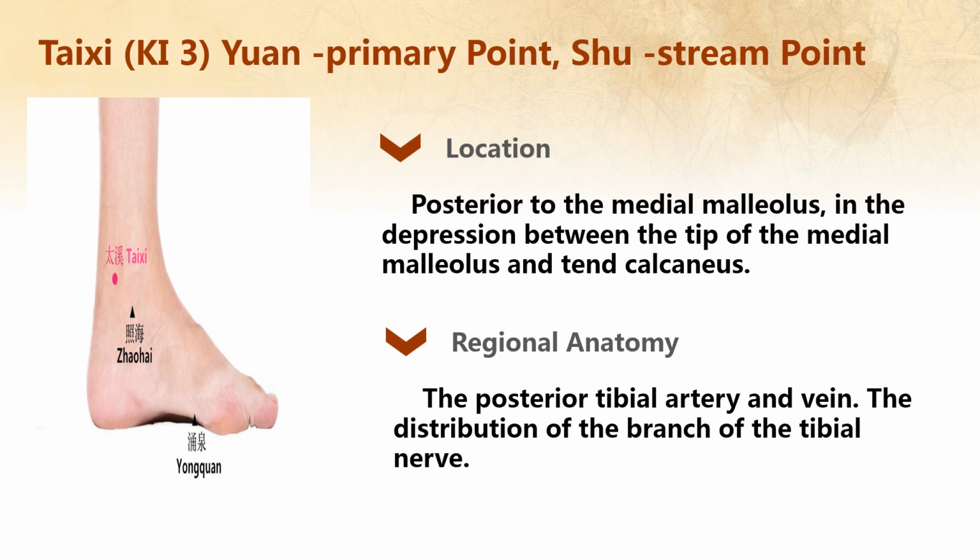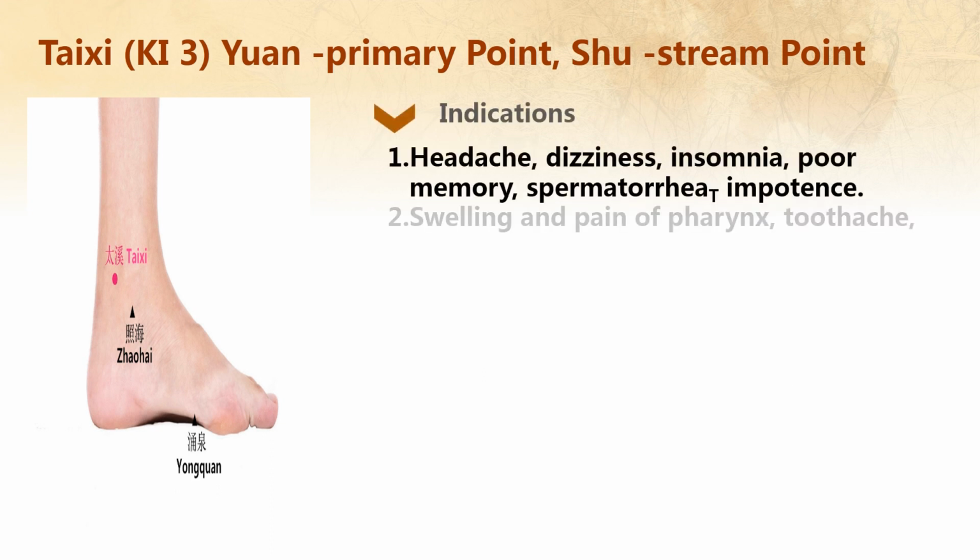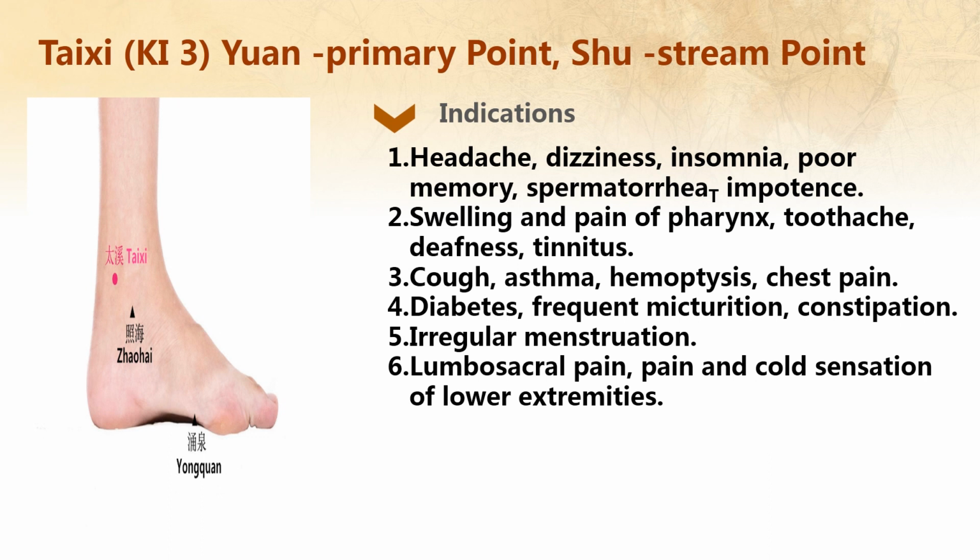The location of this acupoint contains the posterior tibial artery and the vein, the distribution of branch of the tibial nerve. The acupoint can cure headache, dizziness, insomnia, poor memory, spermatorrhea, impotence, swelling and pain of pharynx, toothache, deafness, tinnitus, cough, asthma, hemoptysis, chest pain, diabetes, frequent micturition, constipation, irregular menstruation, lumbar sacral pain, pain and cold sensation of lower extremities.